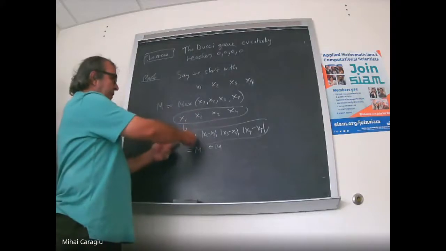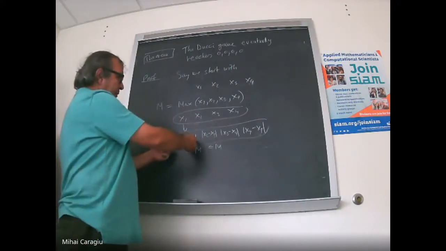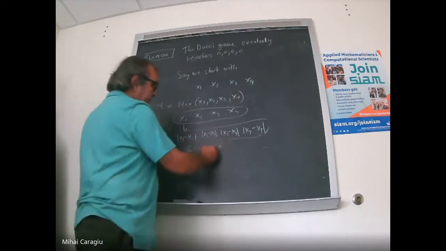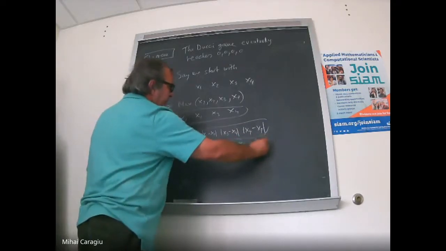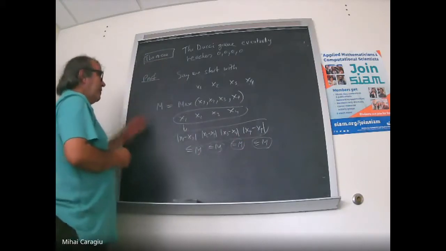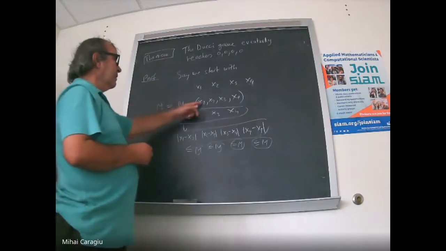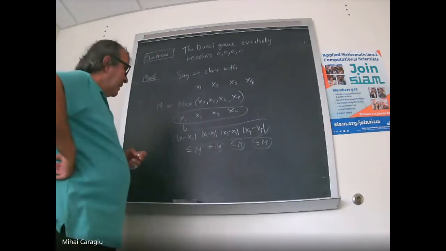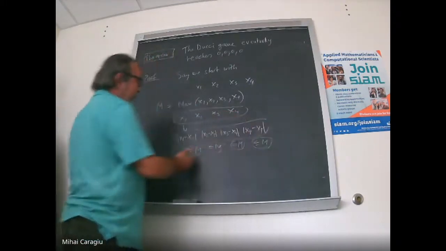If we take the absolute value of the difference of two numbers which are less than or equal to n, this number, the modulus of x1 minus x2, is still less than or equal to n. And the same goes for the second one, the third one, and the fourth one. So, assuming that n is the maximum number in the first row, all the subsequent numbers appearing in the Ducci game are less than or equal to n, because all the numbers in the second row are less than or equal to n.